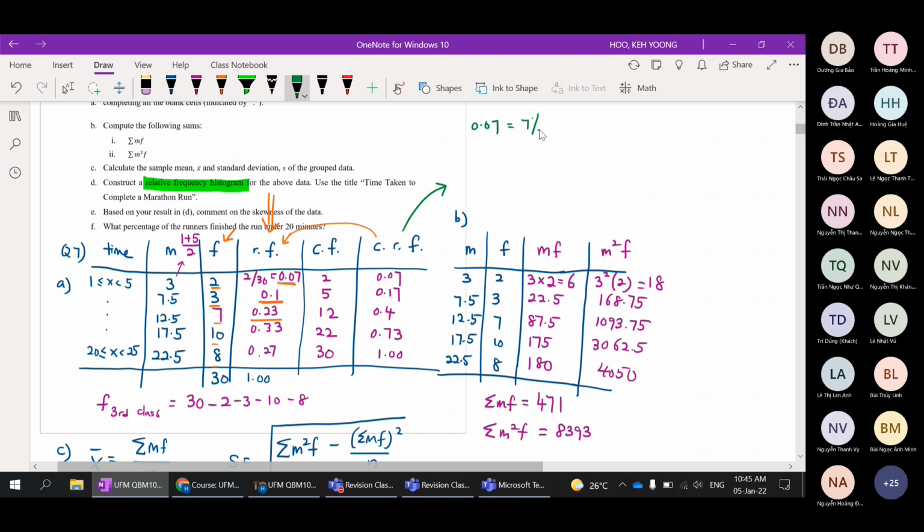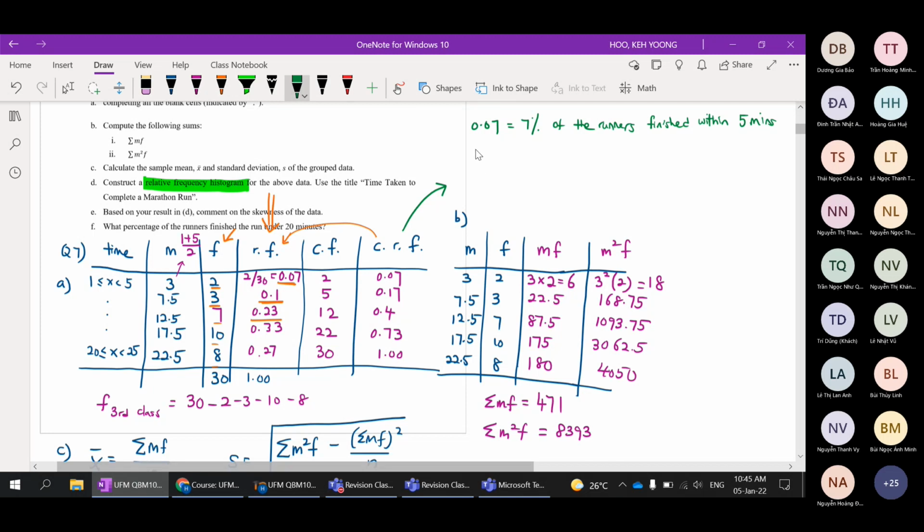So 7% of the runners take time between 0 and 5, or 7% of the runners finish within 5 minutes, because the first class is less than 5.